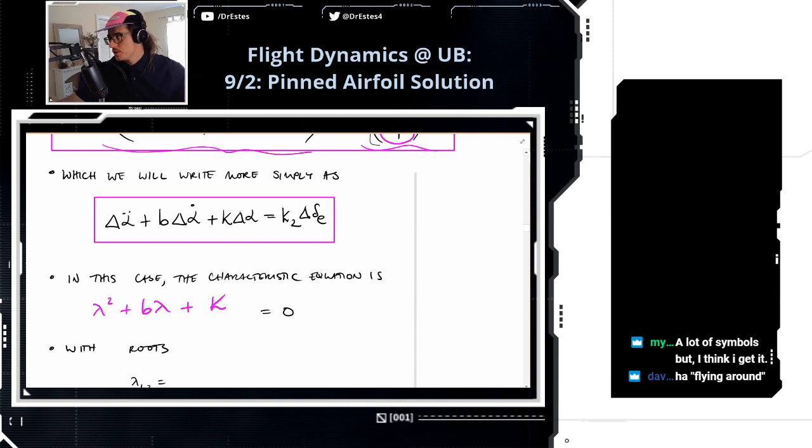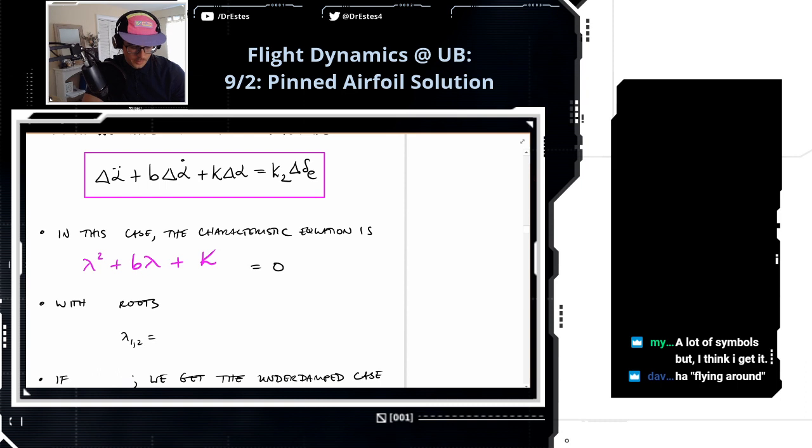So now we have two roots, but they won't be purely imaginary. If we use the quadratic formula, these are our two roots. Square root of b squared minus 4ac.